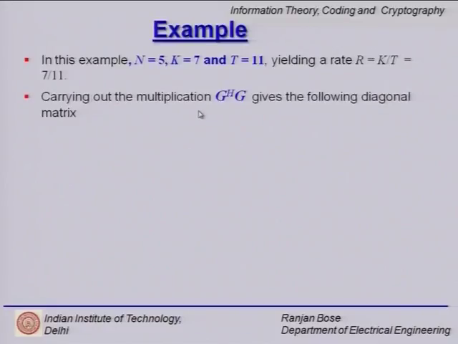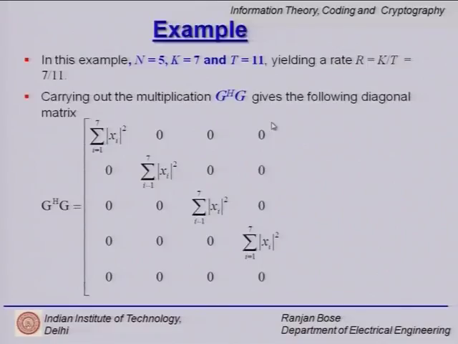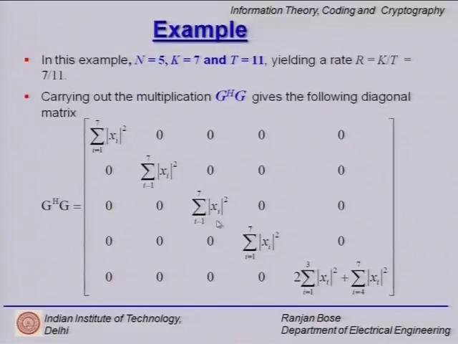We can carry out, for our sanity check, G Hermitian G, and what we get is as follows. Up to this point it looks pretty much like your regular generalized complex orthogonal design, but here, if you see the last diagonal element, we have some coefficient times xi squared, i equal to 1 through 3, and then from 4 to 7 this one.